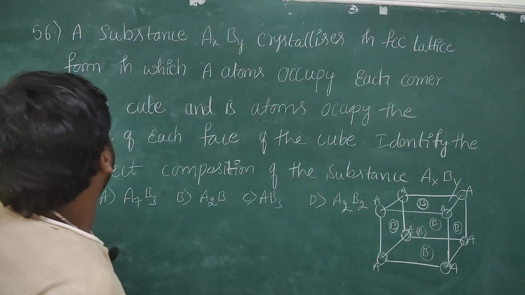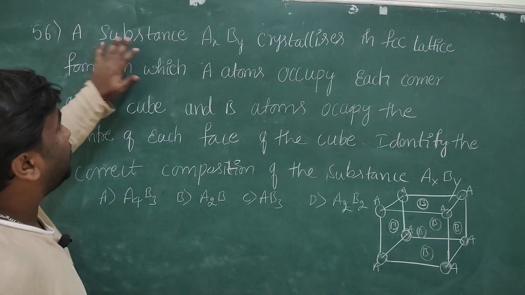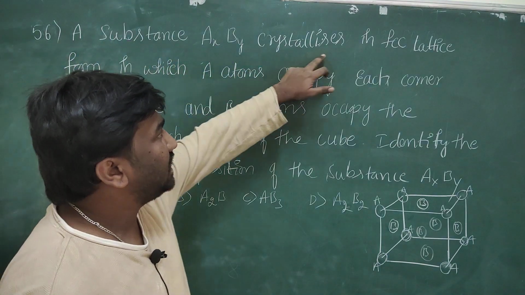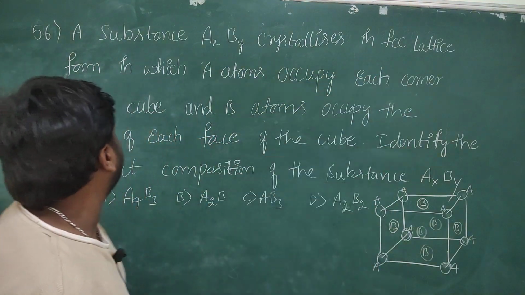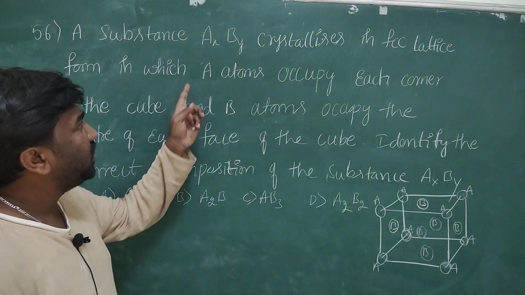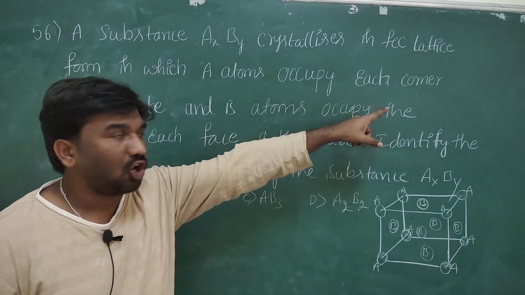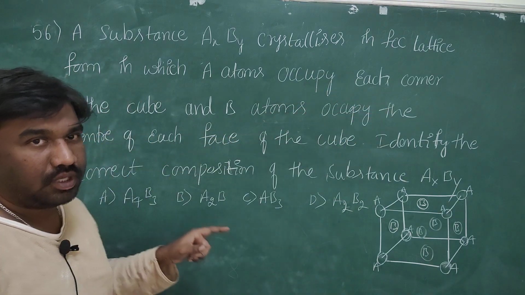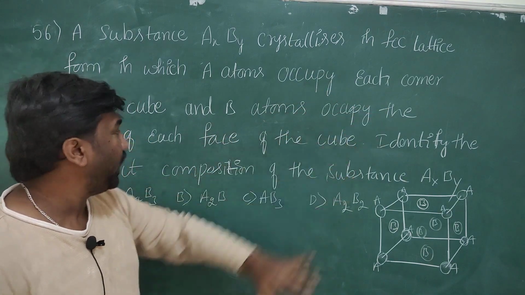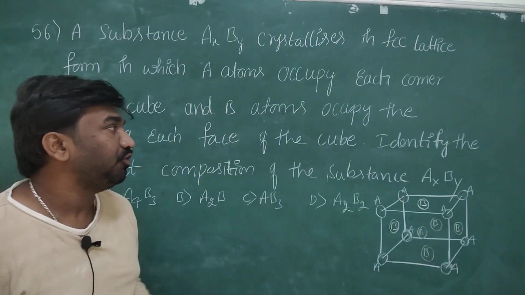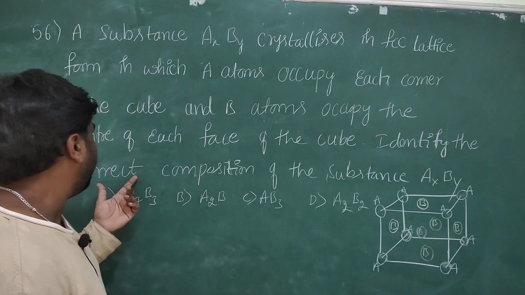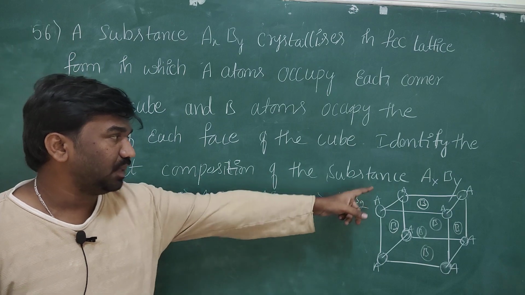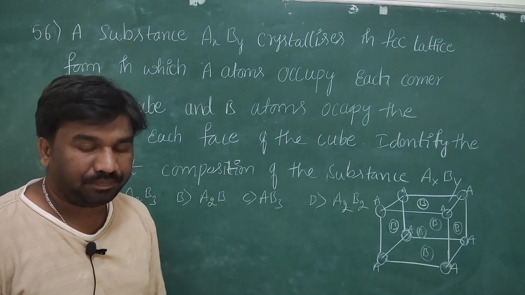So this is question number 56. A substance AXBY crystallizes in FCC lattice form in which A atoms occupy each corner of the cube and B atoms occupy the center of each face of the cube. Identify the correct option for the substance AXBY.